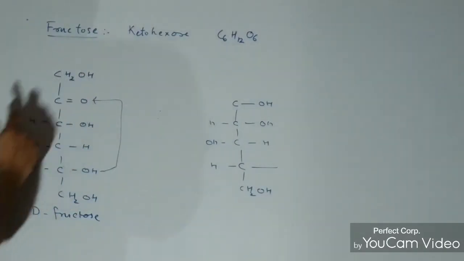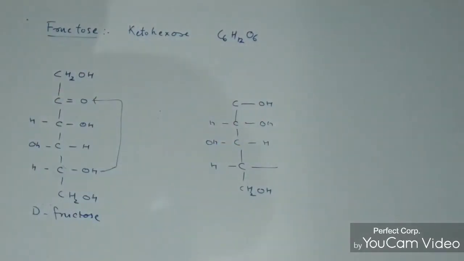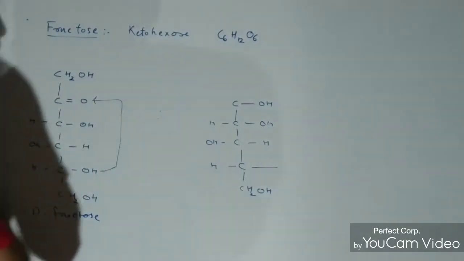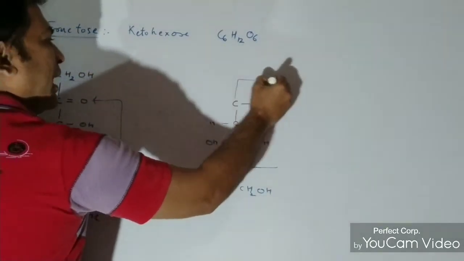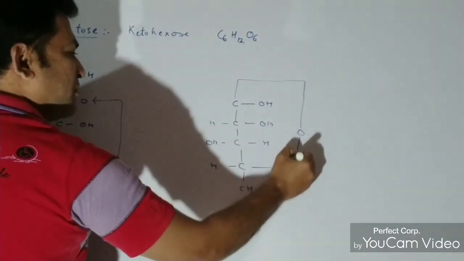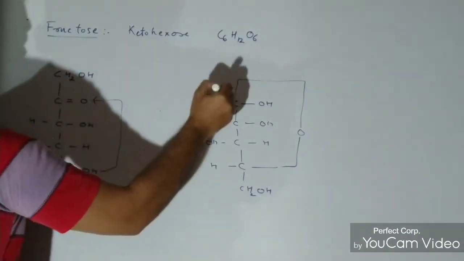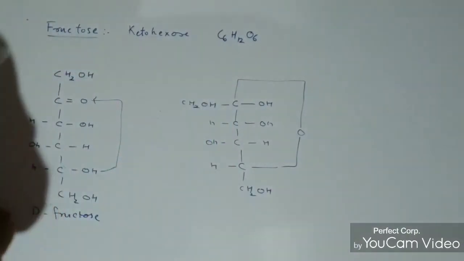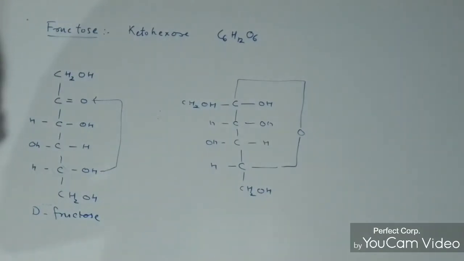The H from here went there and made OH. Okay, you are getting me? Here H OH formed, so here only O is left. So this O is going to attach with the first carbon like this, and the remaining CH2OH I will write here. So this is the cyclic structure of fructose.